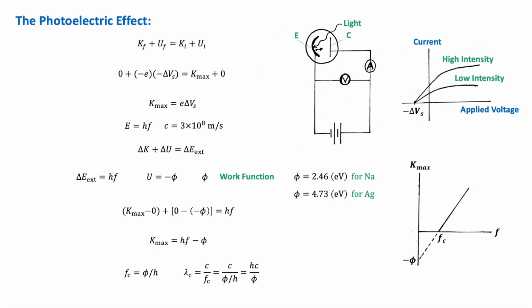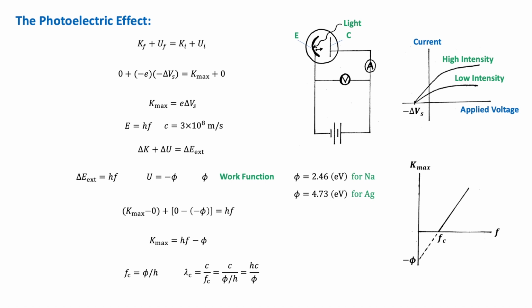Also, this photon model is in agreement with the near instantaneous emission of the electrons because the incident energy of the light appears in small packets or quanta, and the interaction is a one-to-one interaction between photons and electrons, okay?